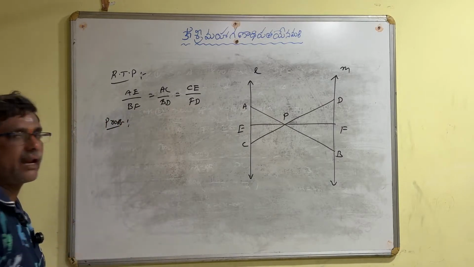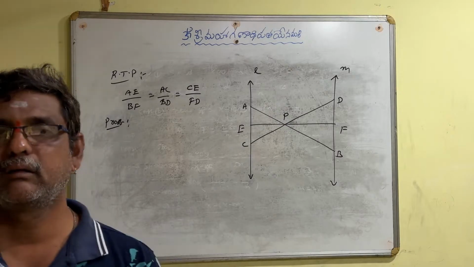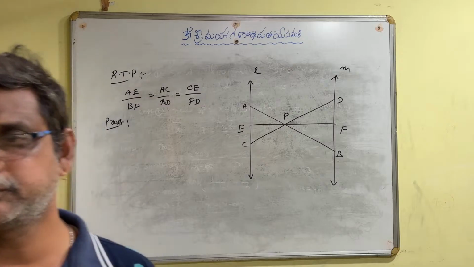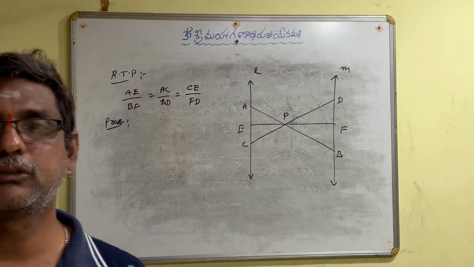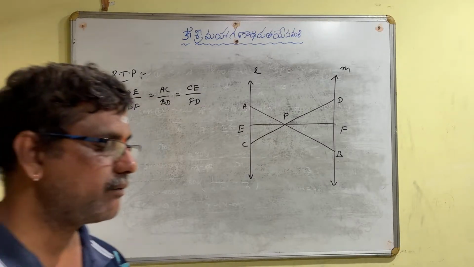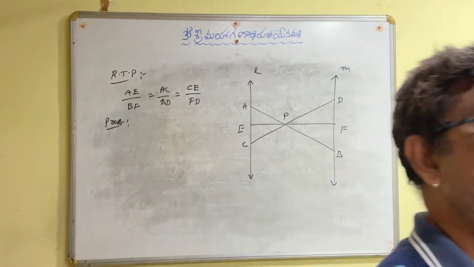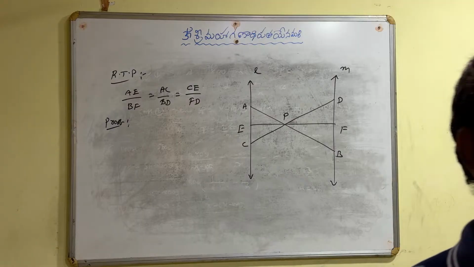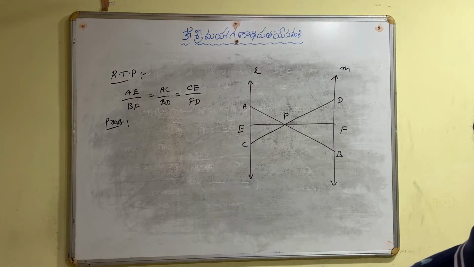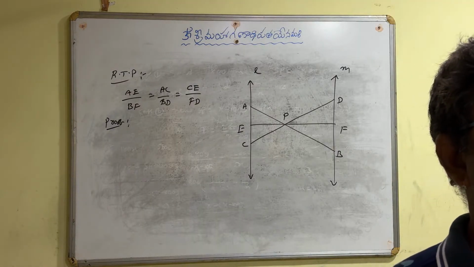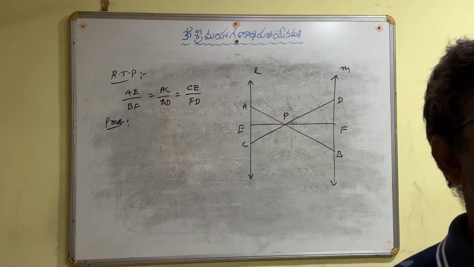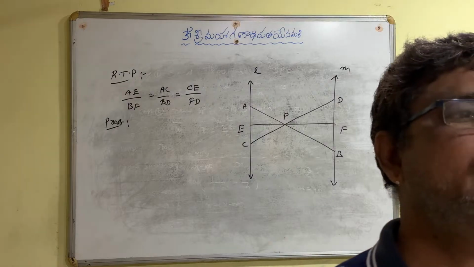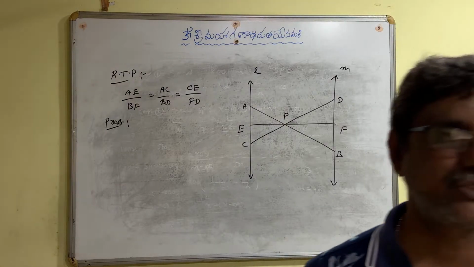So first what I will do is, I am observing the ratios over here. Required to prove is 3 ratios are equal. Okay? So that means we need to consider total 6 triangles, in 3 pairs of triangles, and we have to prove that they are similar, then we can write their corresponding ratios are equal.